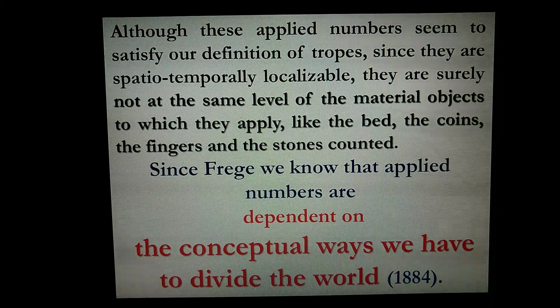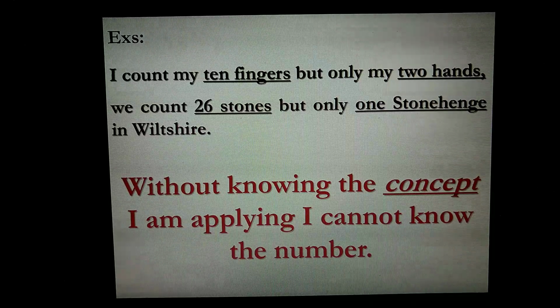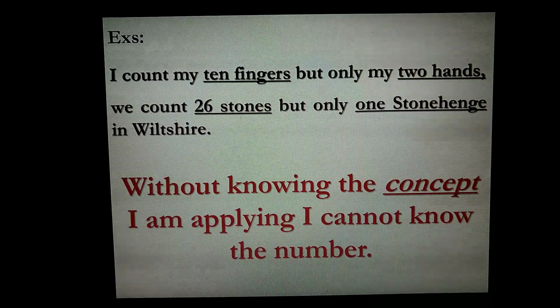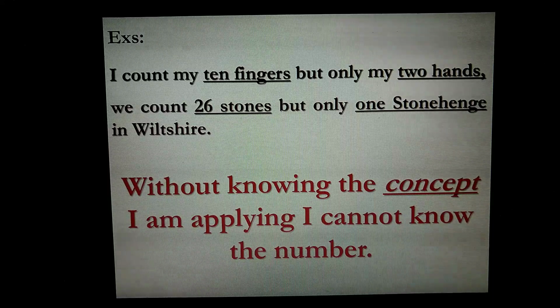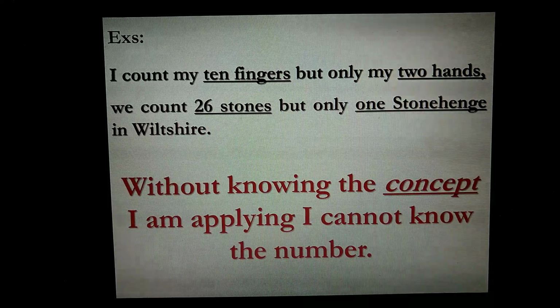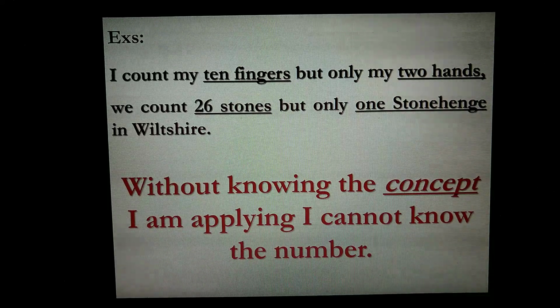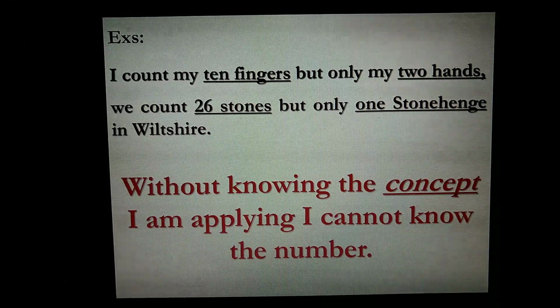Since Frege, we know that applied numbers are dependent on the conceptual ways we have to divide the world. This, I think, was an important discovery of Frege. For example, I count my 10 fingers, but only 2 hands, and I need to have the concept of 10 fingers or 2 hands in order to count.